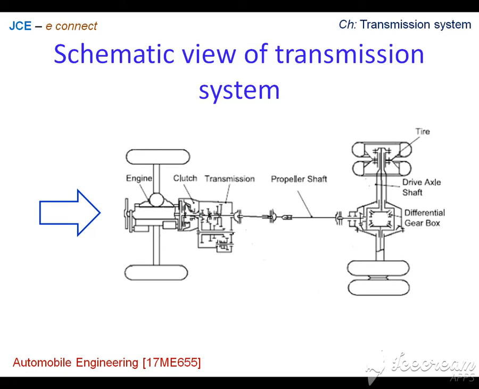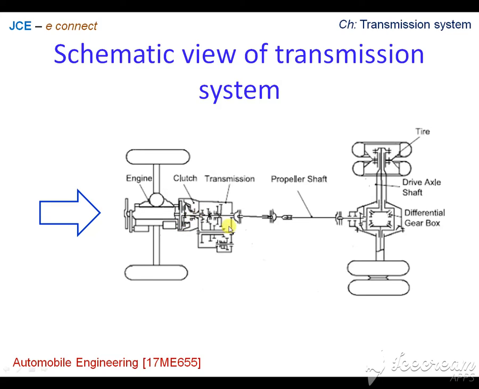This clutch helps in engaging and disengaging the engine, and it helps in the free movement of the vehicle without jerks, and prevents the whole system from strain if it is properly operated.